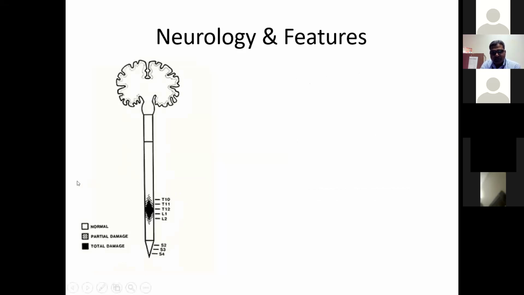Next, the injury is over here. It involves the lower thoracic and upper lumbar part of the cord. So the injury is T10, spastic paraplegia. What is the impact on bowel, bladder, erection, and ejaculation in this case?